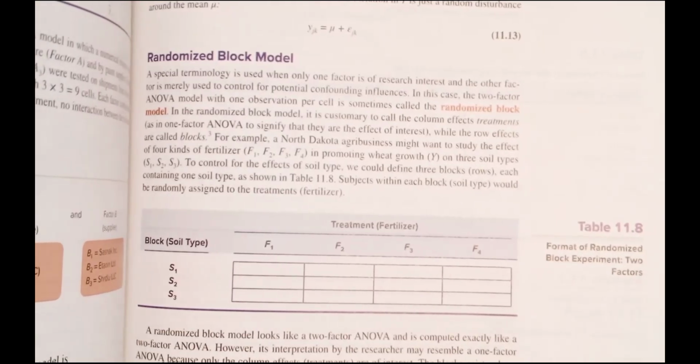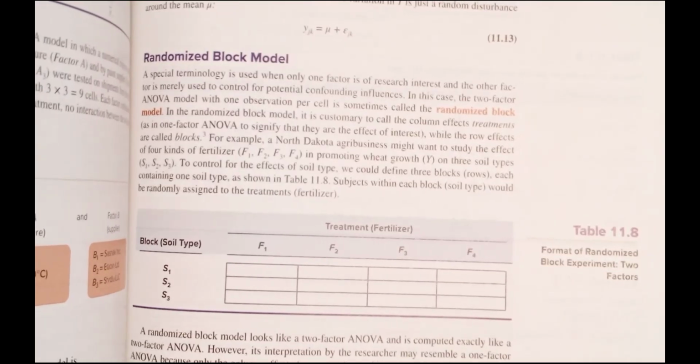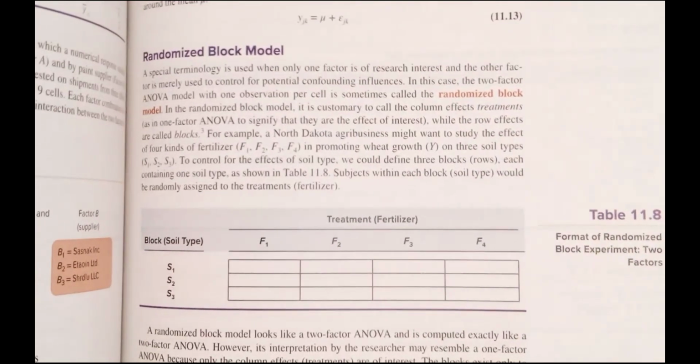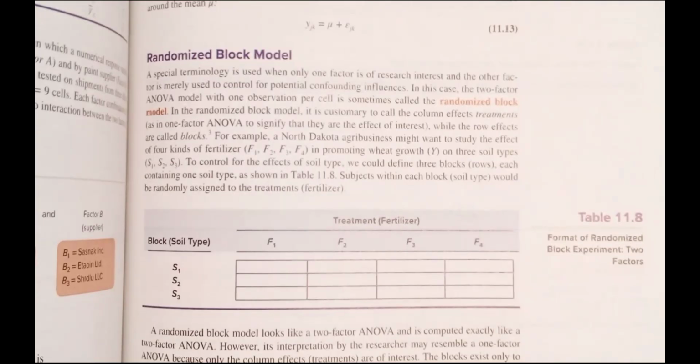So that's our blocking factor. In the example, we're talking about the fertilizers and the soil type. But I don't care what type of soil we use in the example because I know what type of soil is on my farm. I care about what the difference is that the fertilizer causes, right? So I have a treatment factor, something I care about, and a blocking factor, which is literally just there to control for other variables. You're welcome.